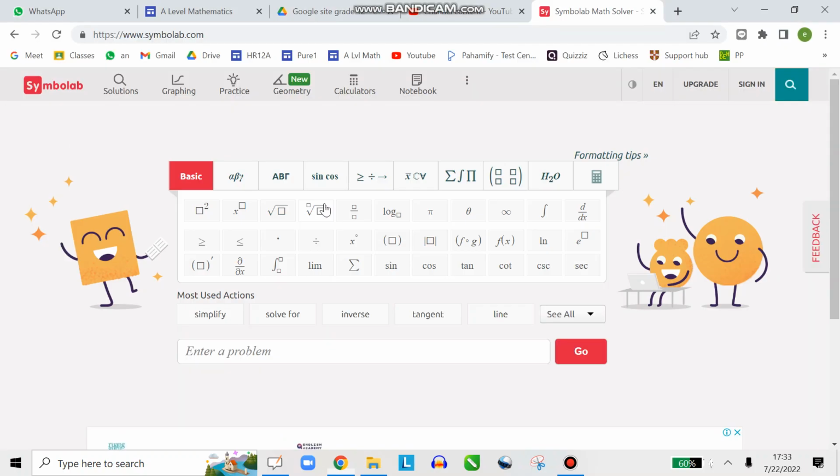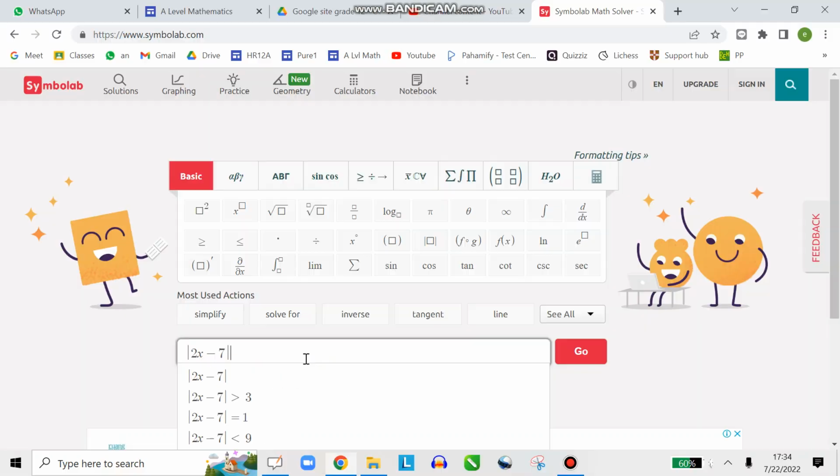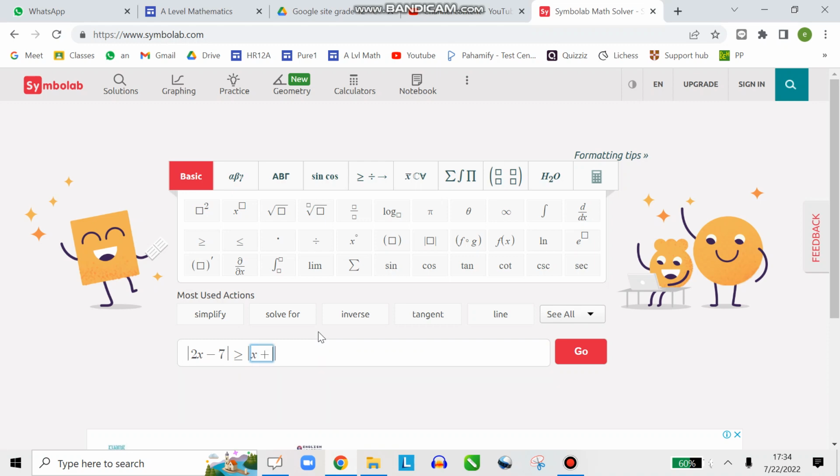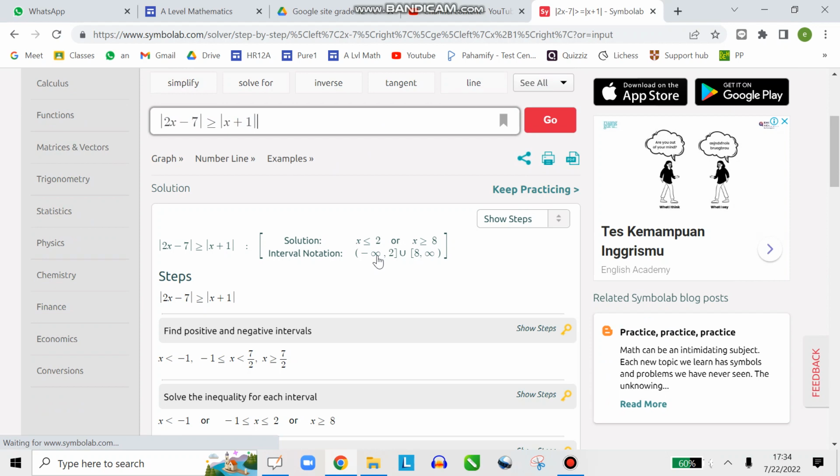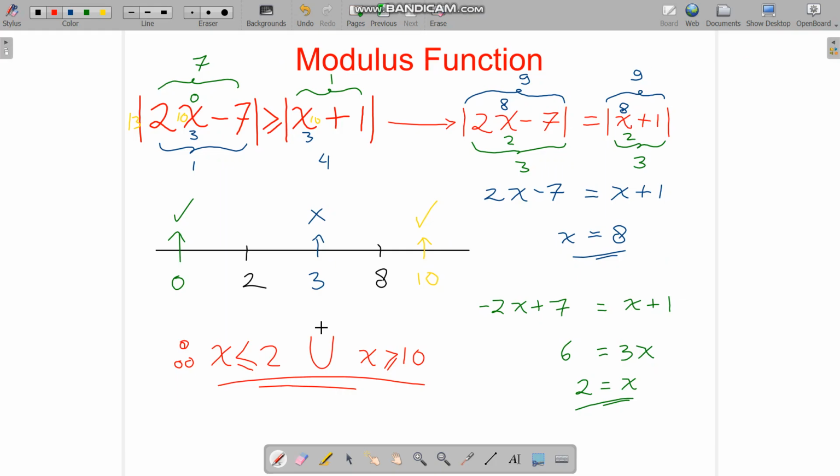Absolute value of 2x minus 7, smaller than or equal to, we use this sign here, bigger than or equal to, x plus 1, hit go, and we get the solution. x is smaller than or equal to 2, x is bigger than or equal to 8, which is, yeah, wait a minute, this is 8. It is 8, not 10. 10 is the one we used to check.